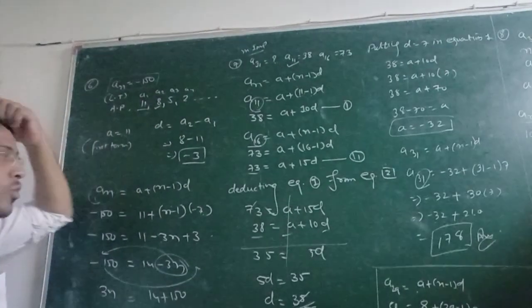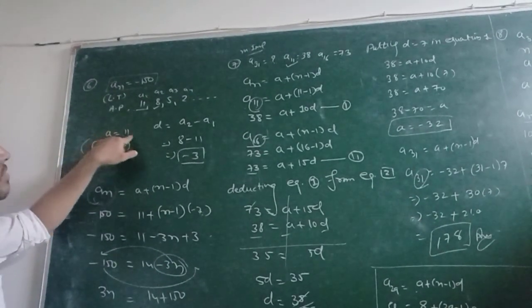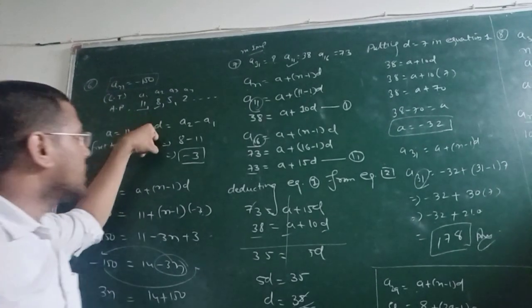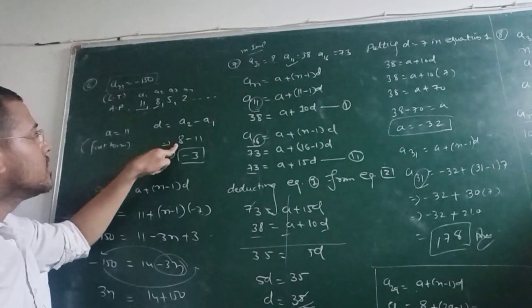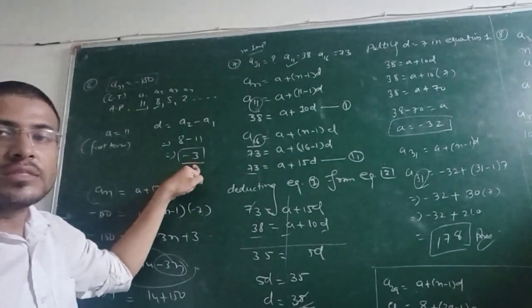Friends, we all know that a stands for the first term, that is 11. To find d, the formula a2 minus a1 is applicable. So get the difference: a2 is 8, minus a1, 11, so 8 minus 11 is minus 3, the common difference.